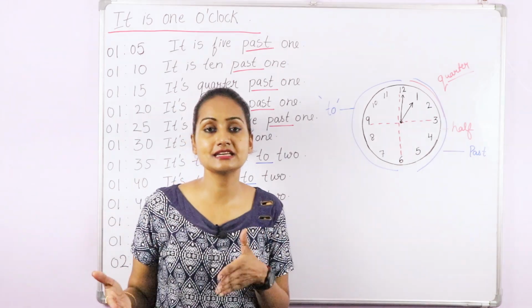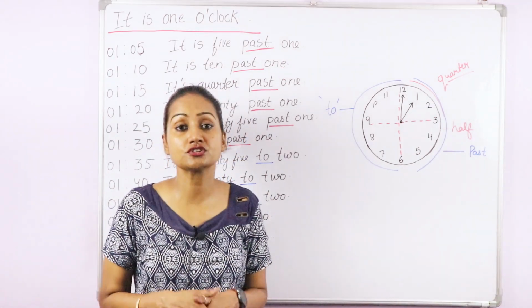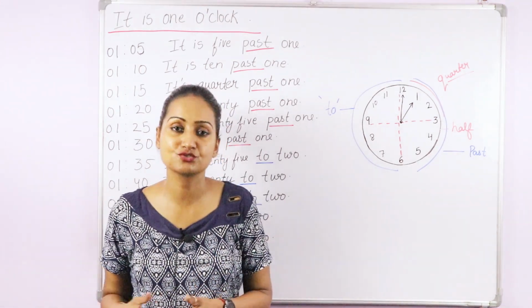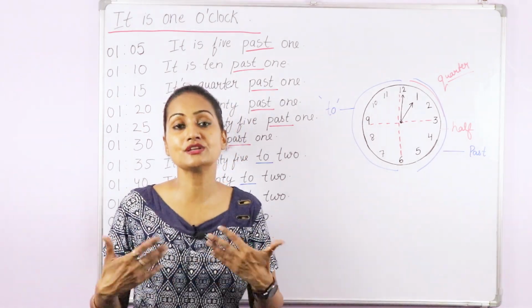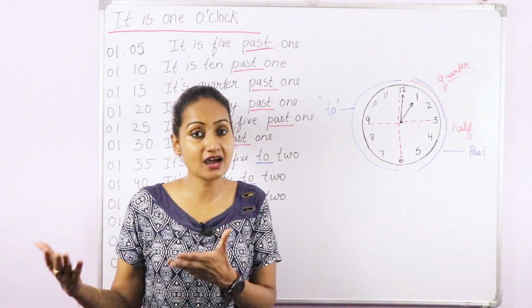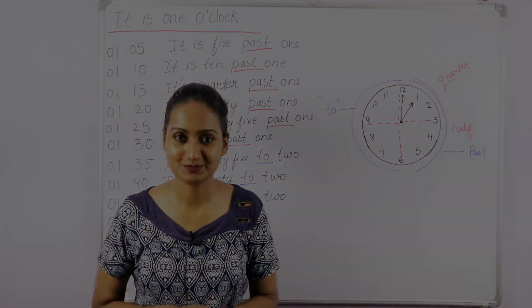In that case we can use around. The meeting will start around 3:30. But generally when you're talking about the exact time when the action will start or end, then we use at.